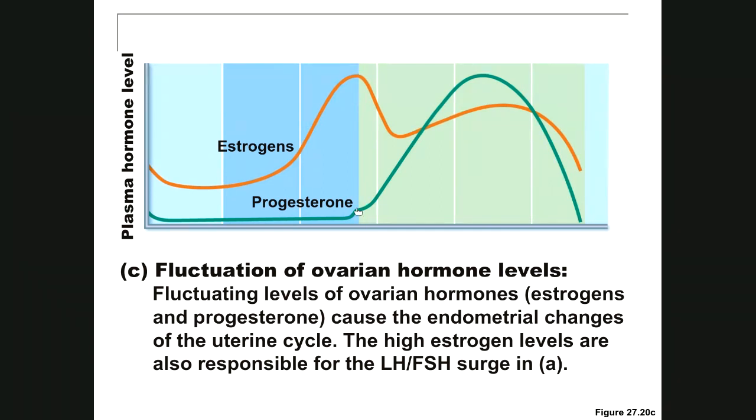After ovulation, we have formation of the corpus luteum, and the corpus luteum, as you see here, can increase the amount of progesterone in the second half. From the corpus luteum, we have secretion of estrogen too.